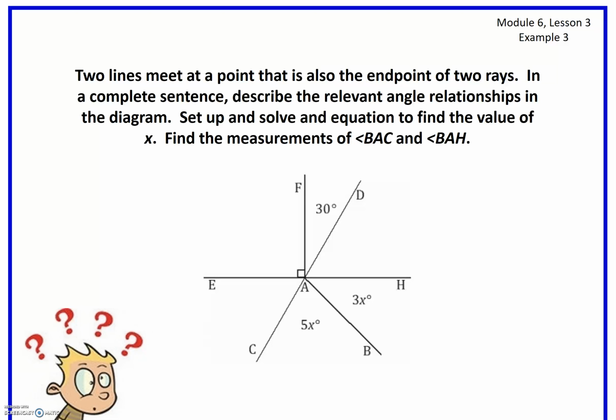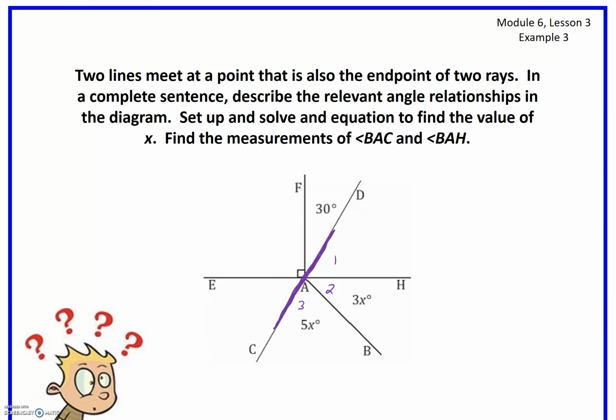In this case, we're not going to be able to use the 360 degrees, but we can notate that there's a straight line that adds up to 180 degrees involving these three angles: angle 1, angle 2, and angle 3. Now we don't know any of these three angles.